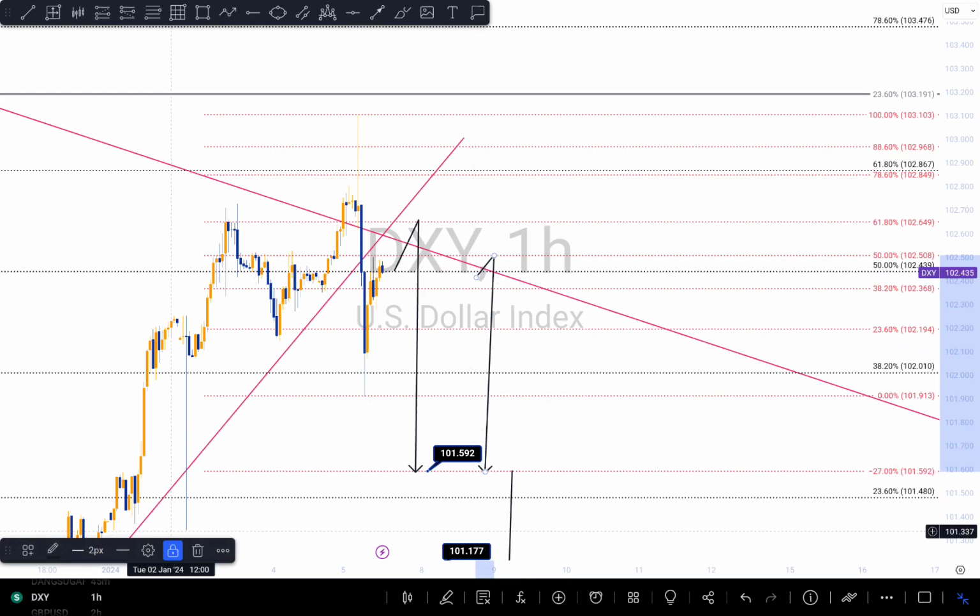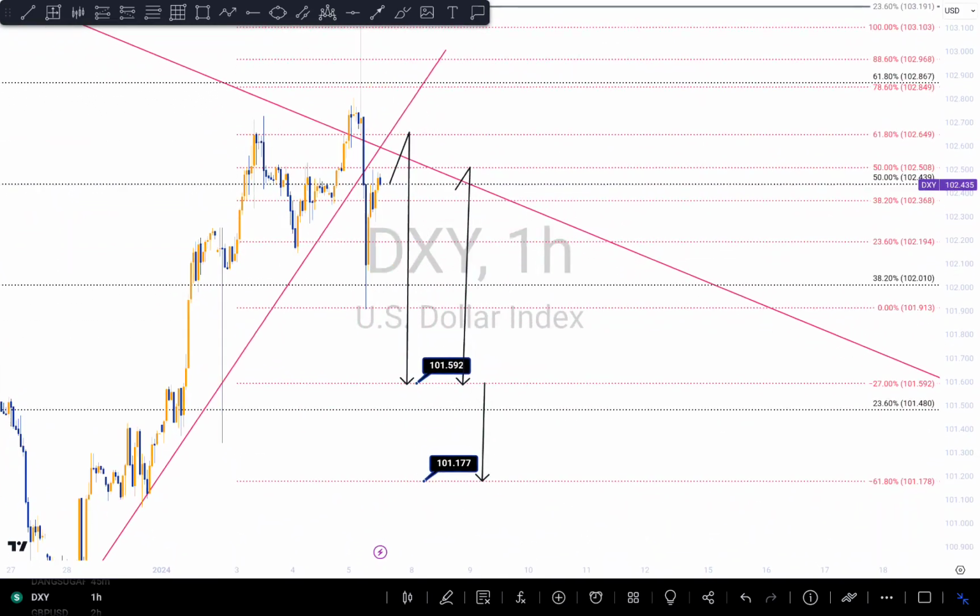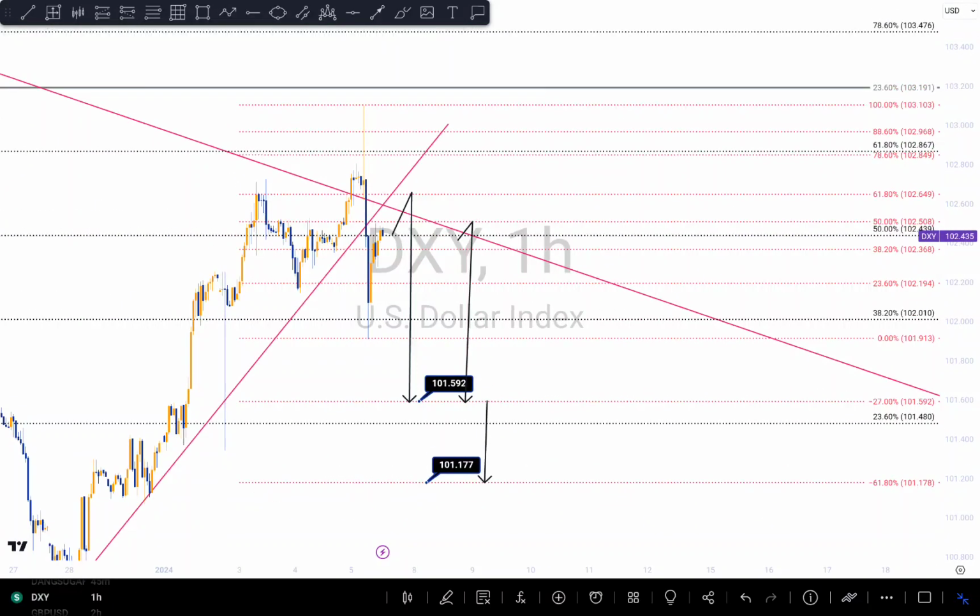This will be my first point of interest: if we get to the 50% fib level and I don't see rejections around that zone, then there is a possibility that we might still push a little bit to the upside, and this will be my second point of interest. So that's what we should watch out for, guys, on the XY. Like I said, this will be the TP1, and this here will be my TP2.